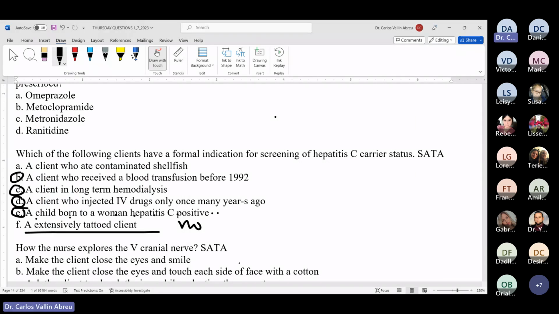What we found in the research, the evidence says that here in America, the tattoo parlors are authorized and supervised by the Department of Health and are very safe places, because if they don't follow rules of sterility, they don't have the license and they are not allowed to practice.